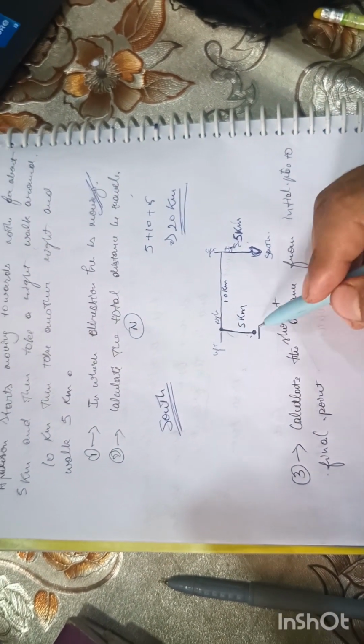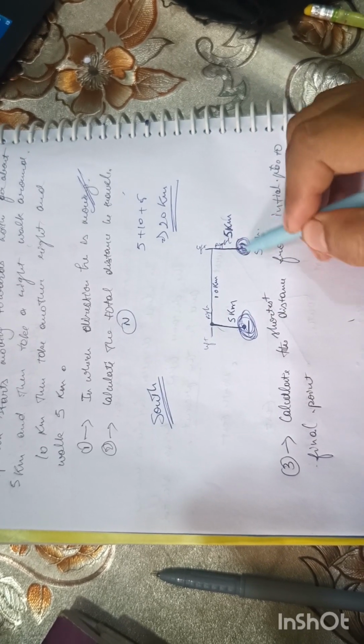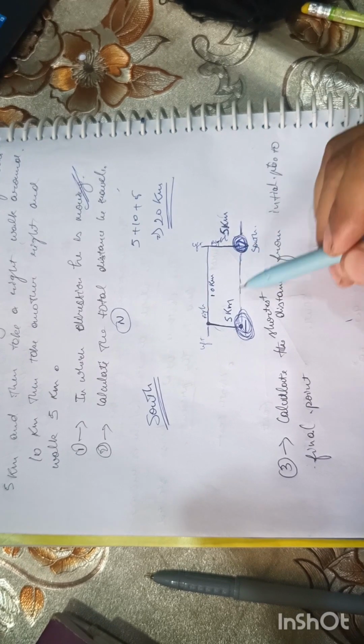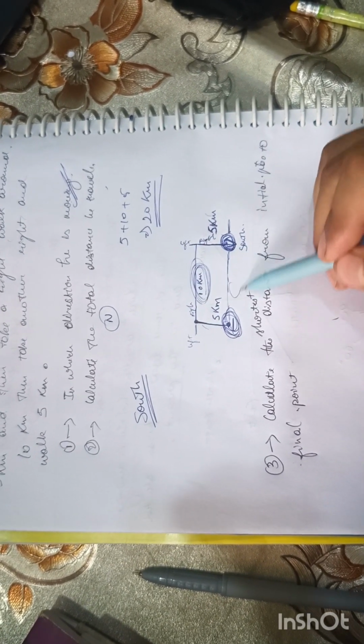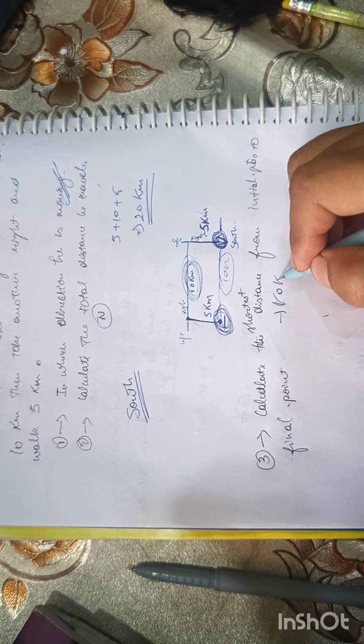So see, the person started from here and now it is here. So see, the shortest distance is this, and we know this is 10 kilometers, so it is also 10 kilometers.